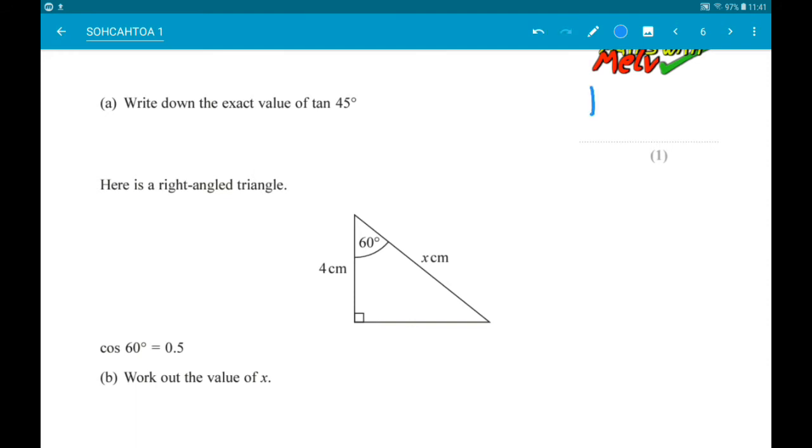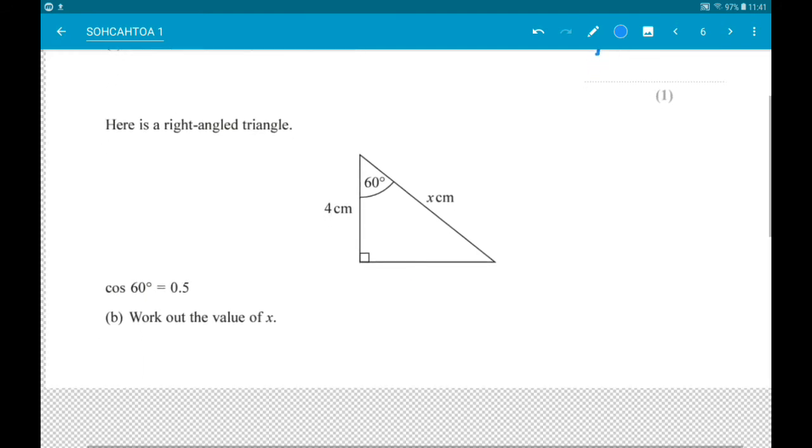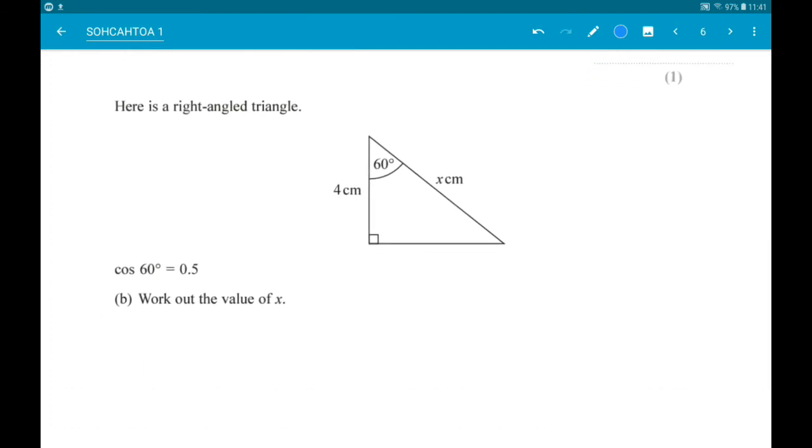Okay, then for part B, we have a right angle triangle with a 60-degree angle. We're told cos of 60 is 0.5. Work out the size of x. So, in terms of the angle, we have the adjacent and the hypotenuse.